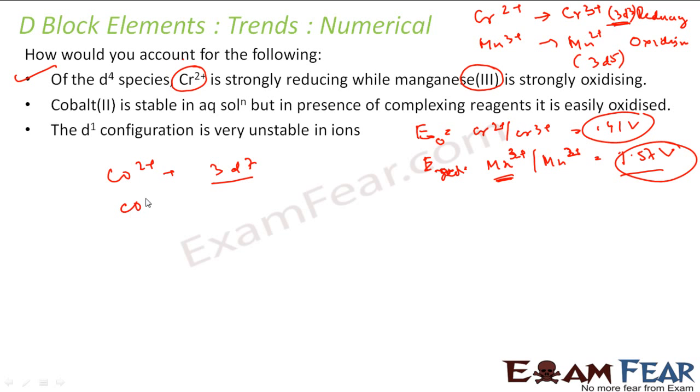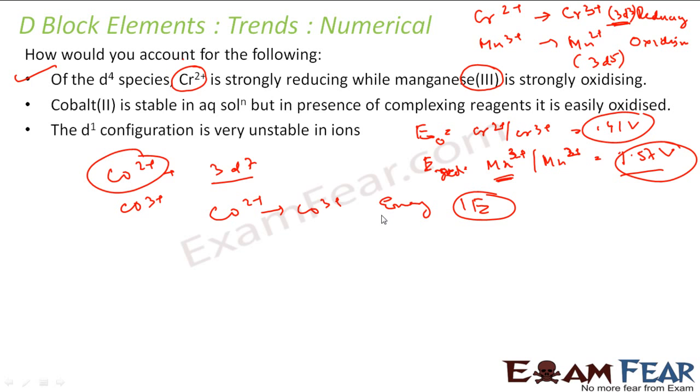In fact, cobalt 2+ is stable. Cobalt 2+ to cobalt 3+ needs the third ionization energy. But in the presence of a complexing agent, it oxidizes to cobalt 3+. Why? Because the energy released by crystal field stabilization compensates for this third ionization energy.